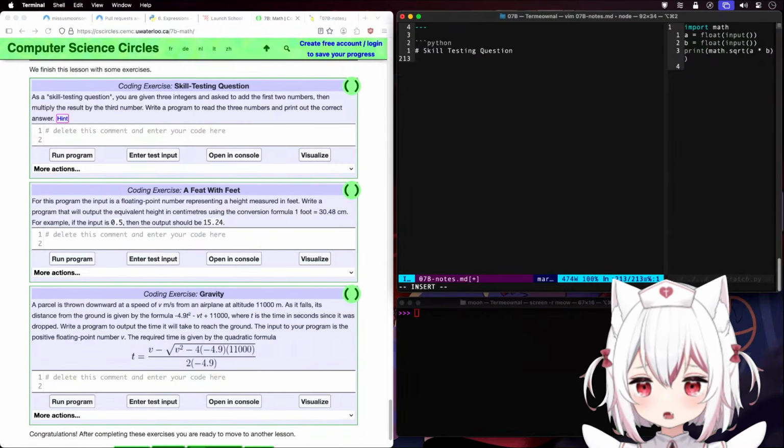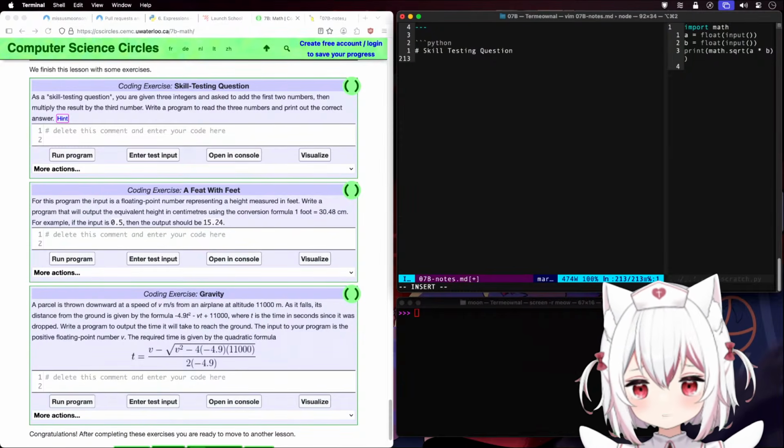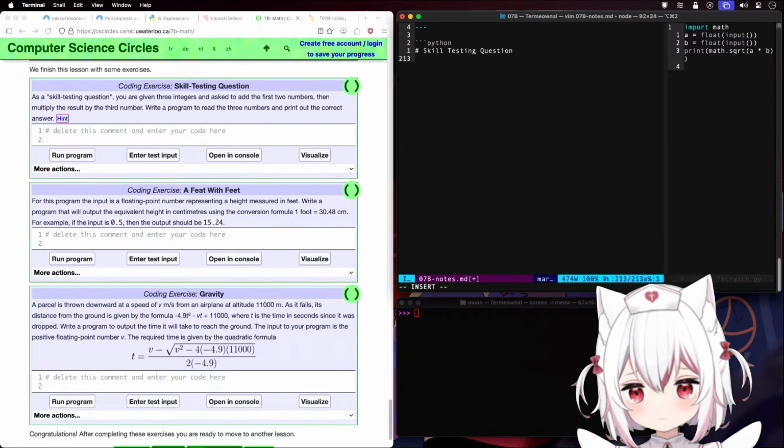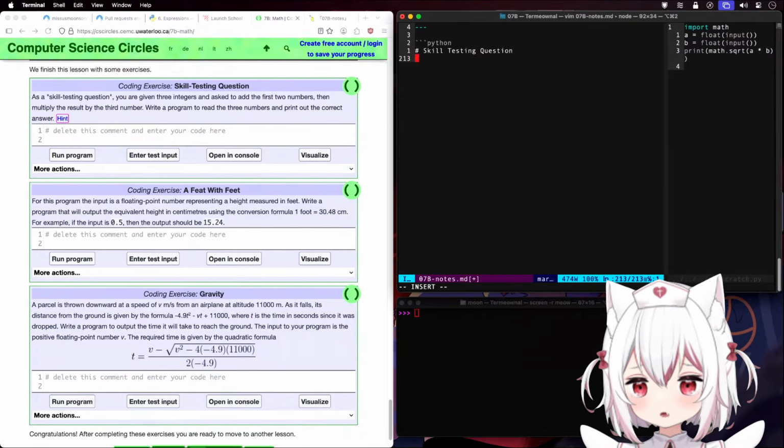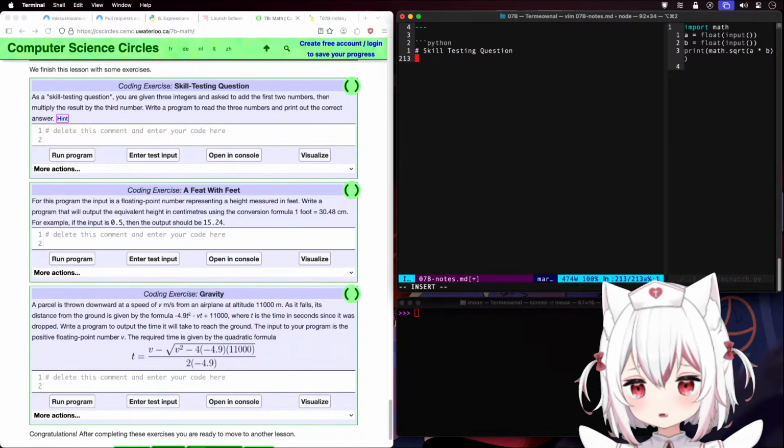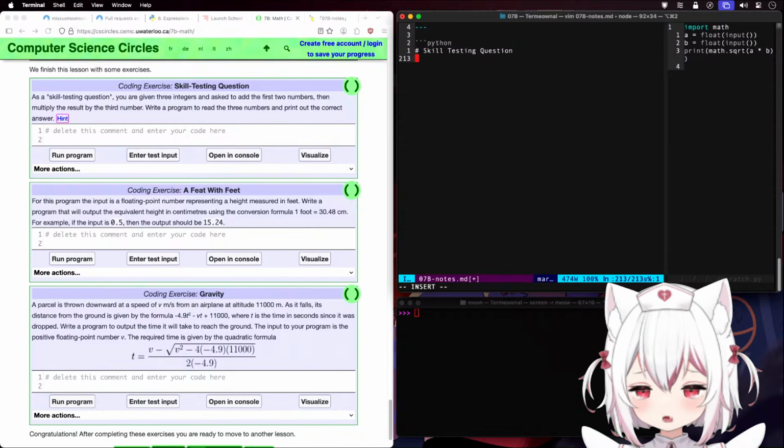You're given 3 integers, asked to add the first 2 numbers, then multiply the result by the 3rd number. Write a program to read the 3 numbers and print out the correct answer.